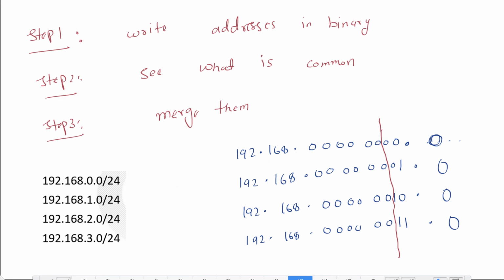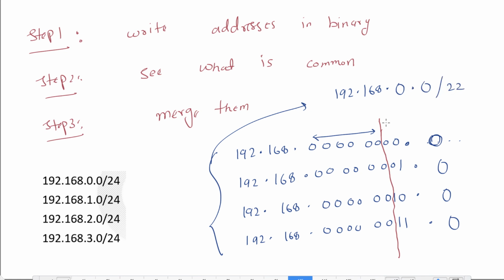Which means can you say that these 4 networks combined would be 192.168 dot, if you put these bits in decimal along with 0 0, just 0.0, and then 22? What does this mean? It says that the initial 22 bits are fixed, which are zeros, and the later bits are changeable, which is okay, right? These 4 networks can be combined into just one network, which says that the initial 22 bits are fixed and then you can change the bits.